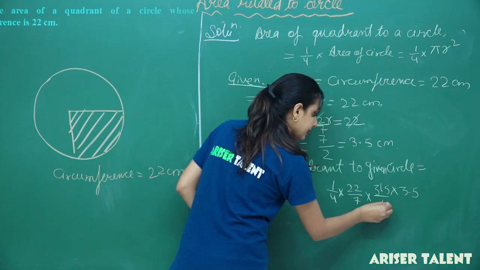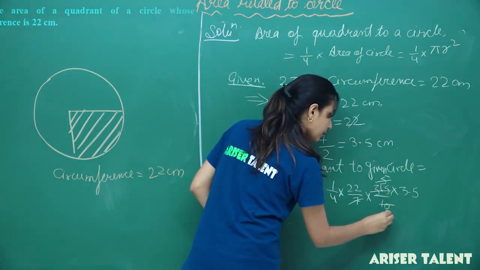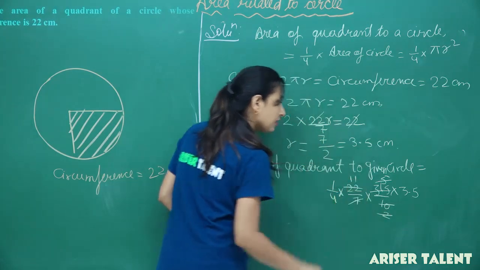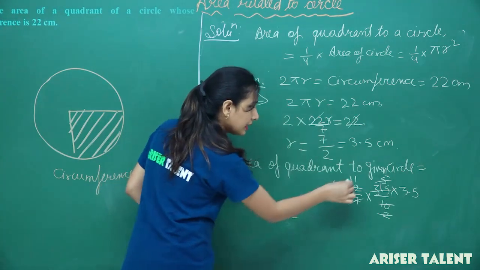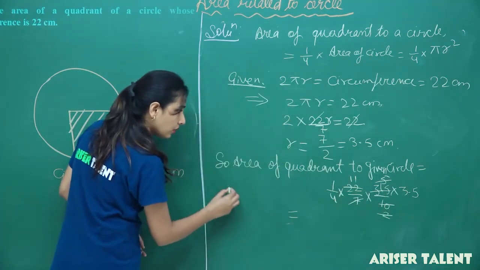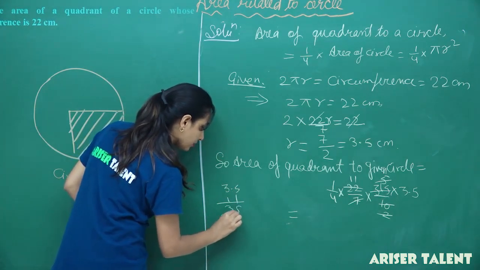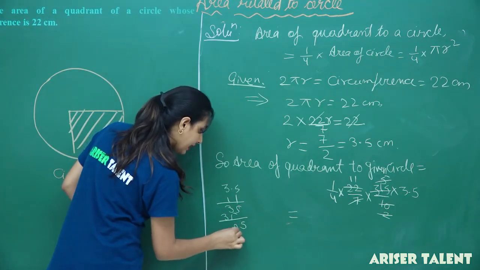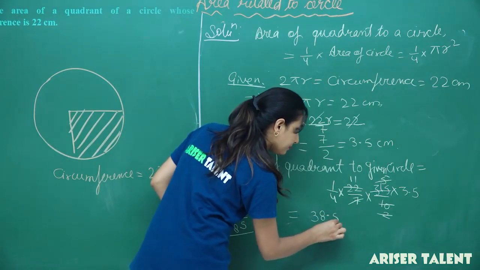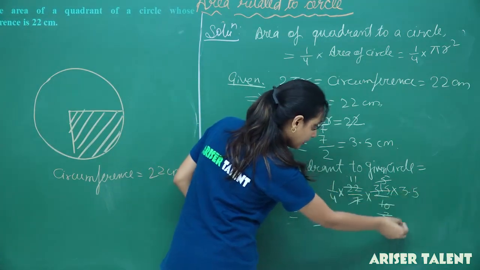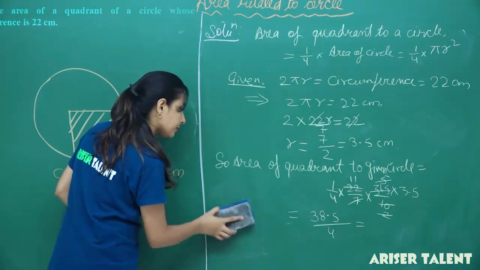So 7 and 3.5 cancel, 5 times, and this 2 times, and this 11 times. Okay, what am I left with? I am left with this 11 and this 3.5. So 11 times 3.5 is 38.5. Anything remaining there? No. And divided by 4.